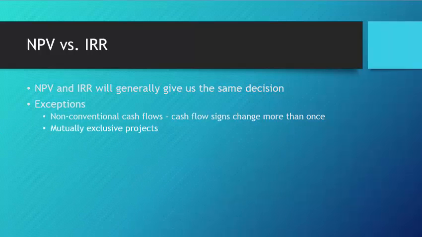The second problem that we have is if the projects are mutually exclusive, in other words, I can't do both. I have a project A and a project B. Project A uses a specific parcel of land, and project B does as well, and I can't do both of them at the same time, so I've got to choose one or the other.